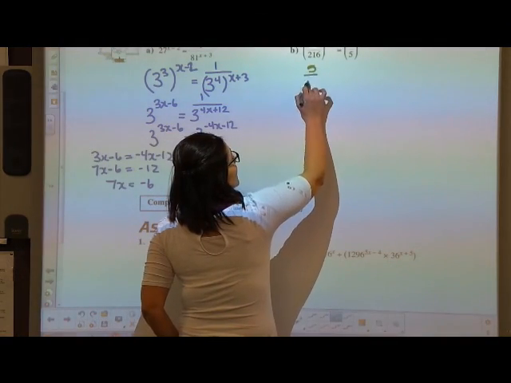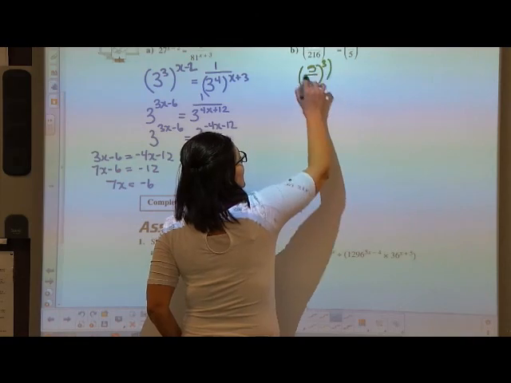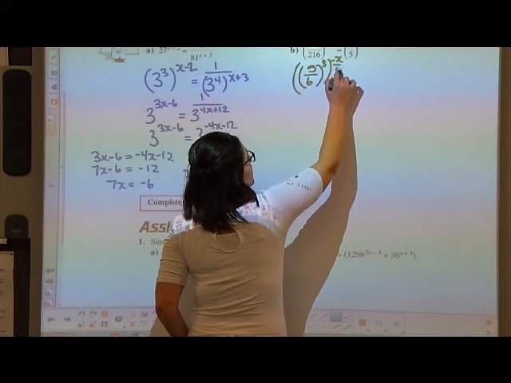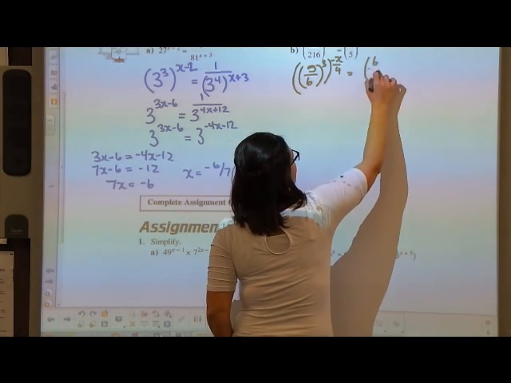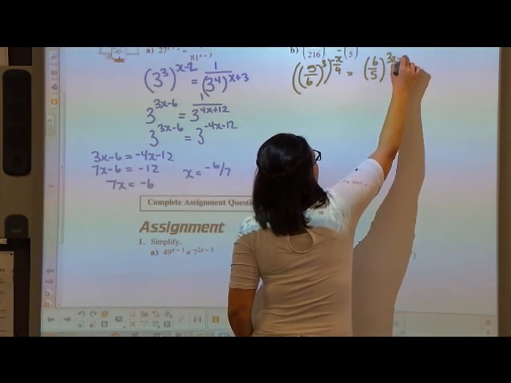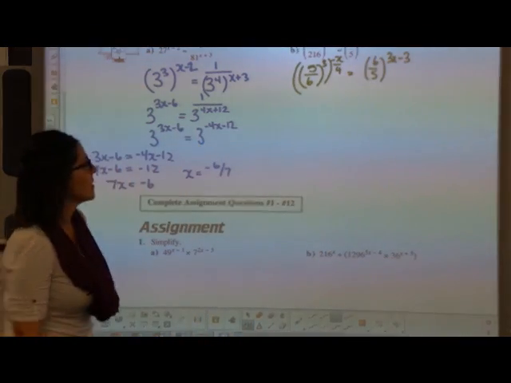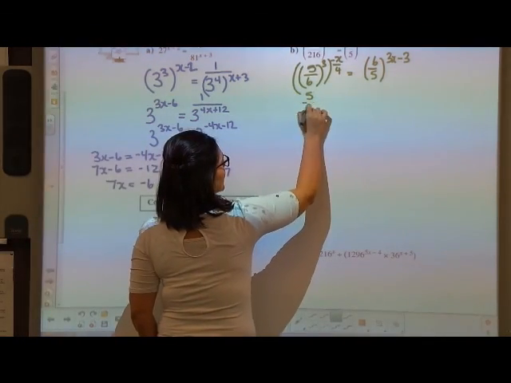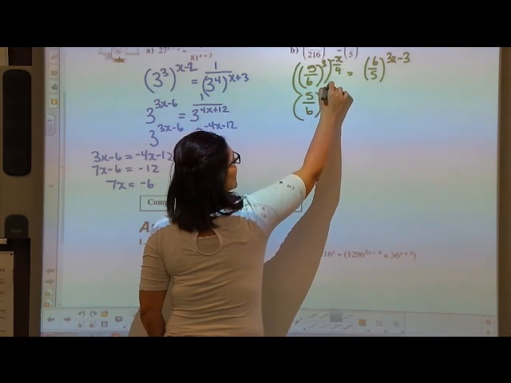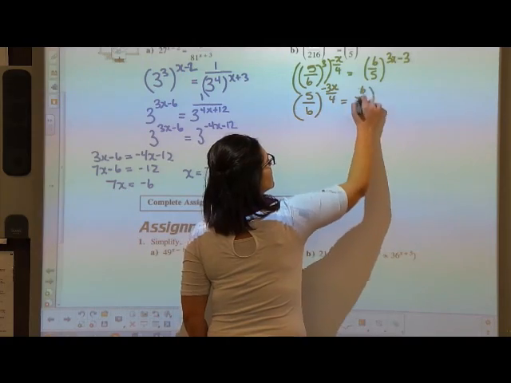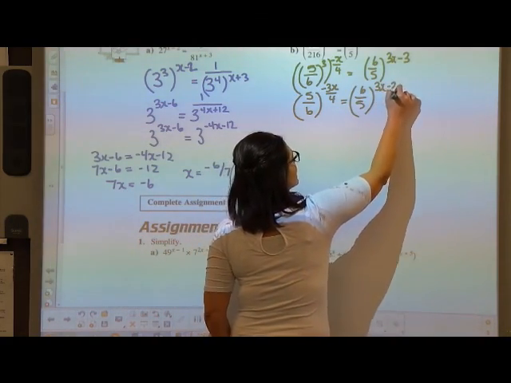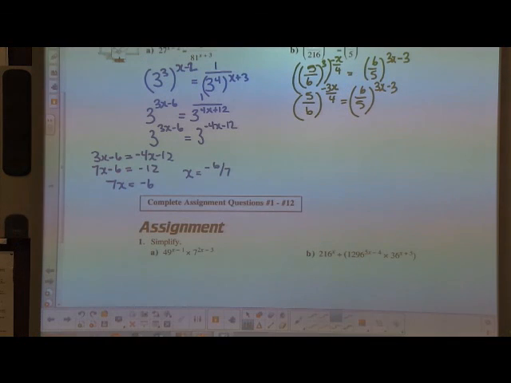So I can rewrite this as 5 over 6 to the power of 3, to the power of negative x over 4, equals 6 over 5 to the power of 3x minus 3. So then I would multiply on the left-hand side the exponents to get negative 3x over 4. Now when I get to this point, I've simplified, I've used common bases, but the bases are not equal to each other.